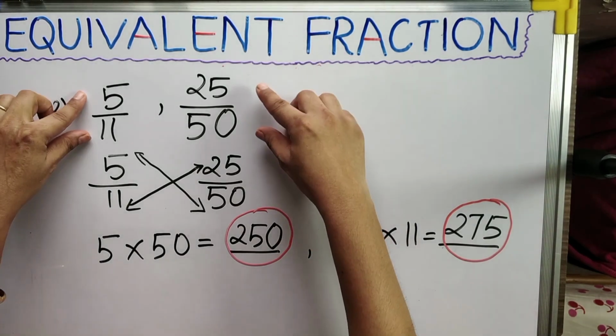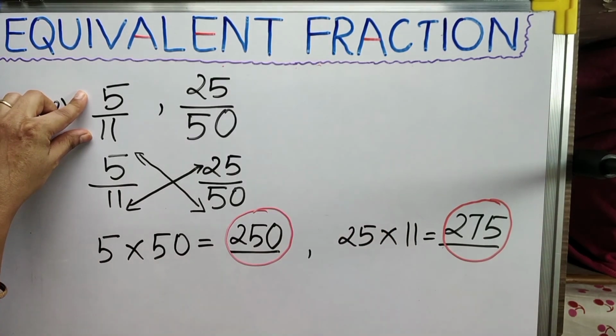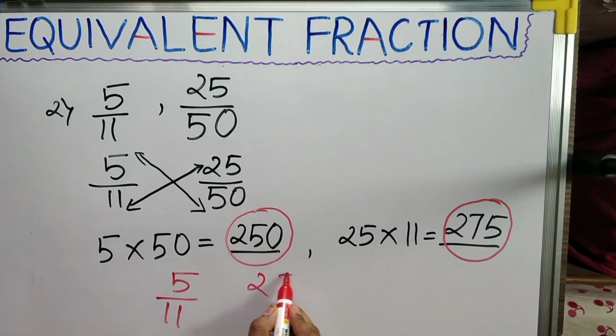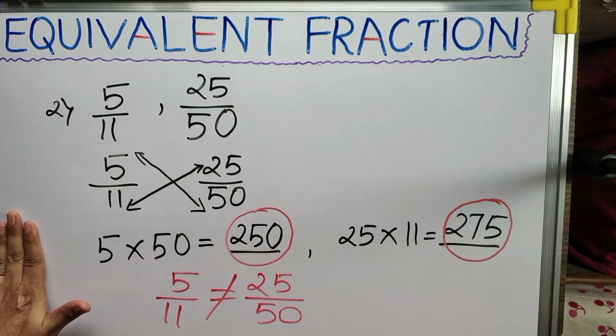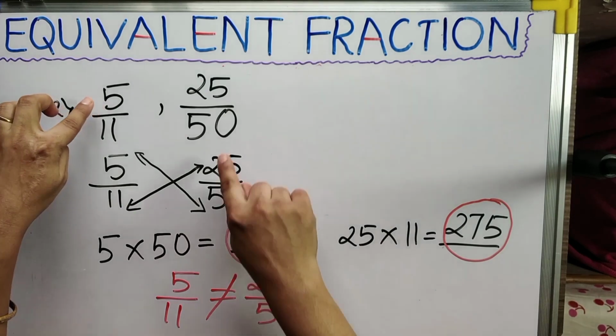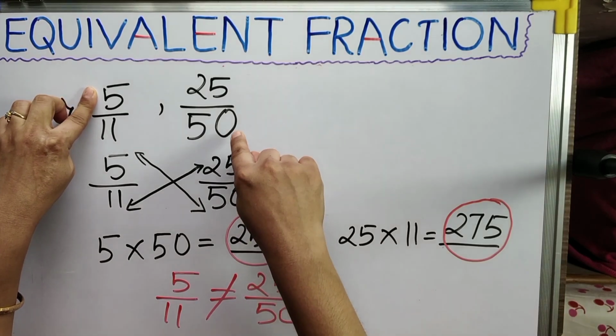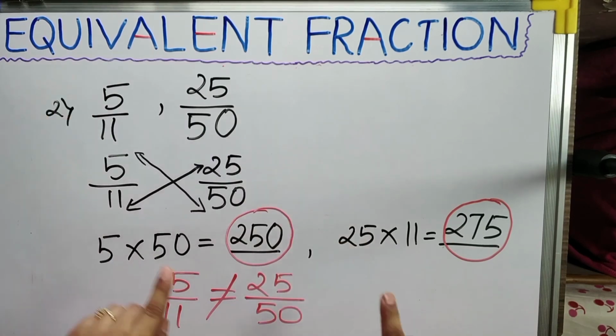So the fractions 5 upon 11 and 25 upon 50 are not equivalent. So clear, fractions are equivalent only if the cross products, that is the product of the numerator of one fraction with the denominator of the other fraction, are equal. So with this we cover the complete topic of equivalent fractions.